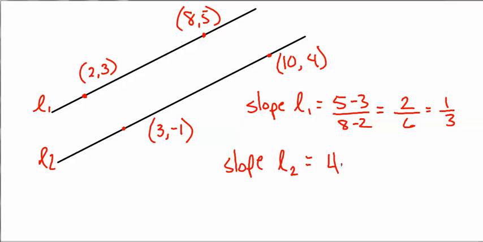Four minus -1 over 10 minus 3. 4 minus -1. Good, that's 5/7. So are they parallel? No, they're not. Do they appear to be parallel? Yes. But their slopes are different. If their slopes are different, then they're not parallel.